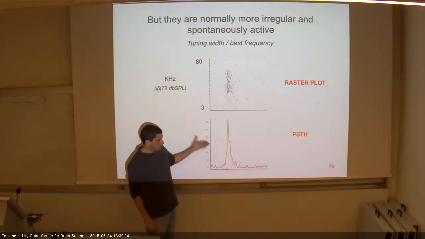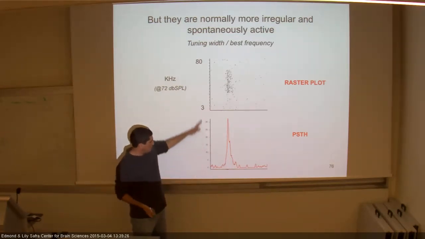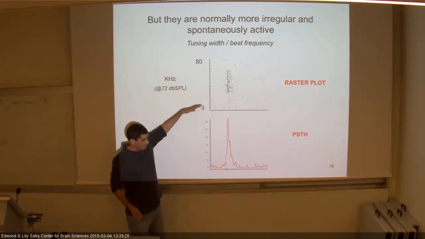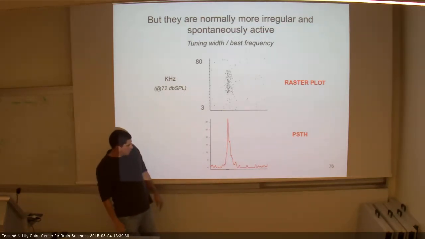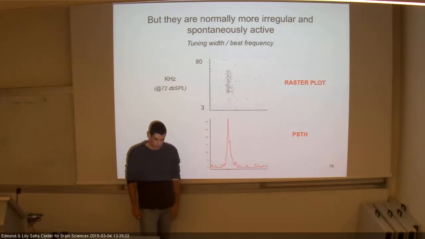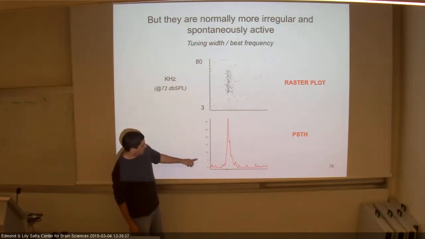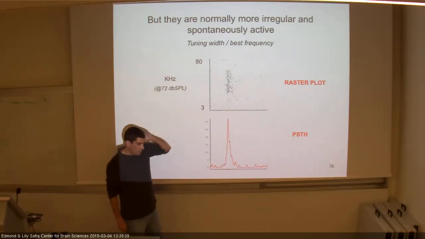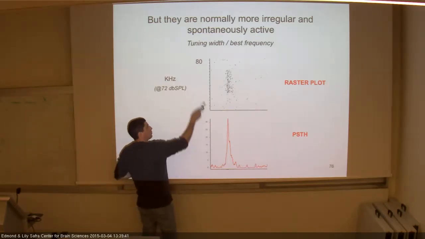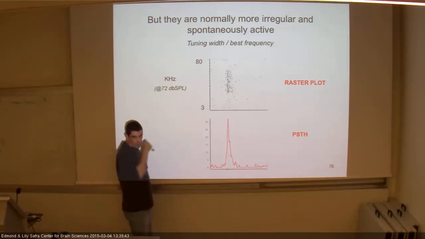Another thing that we use, and you will see a lot during the course, is when we collapse this image into one dimension. This is called the PSTH, post-stimulus time histogram. Basically it reflects what we see here, but we're losing the information of all the frequencies.